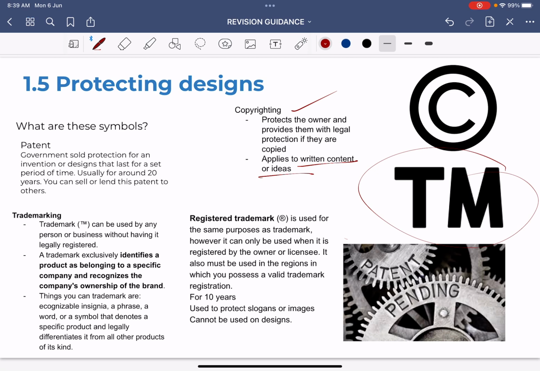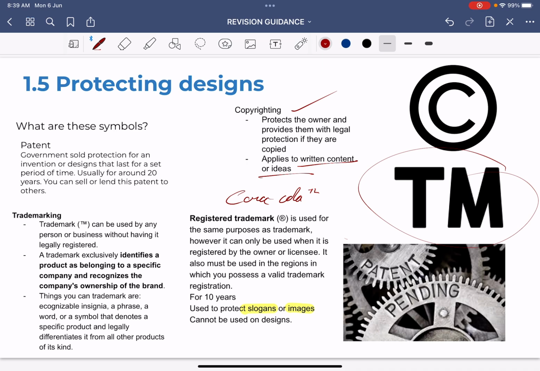So you'd have something like Coca-Cola, and you might see TM in the corner above it. It's often used to protect things like slogans or images. It's basically saying that you can't just go and use the Coca-Cola logo on one of your own products and then make commercial benefit from it. You have to pay Coca-Cola for that license.